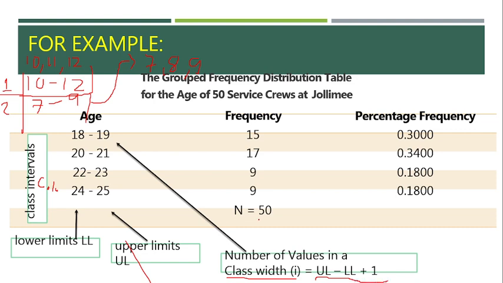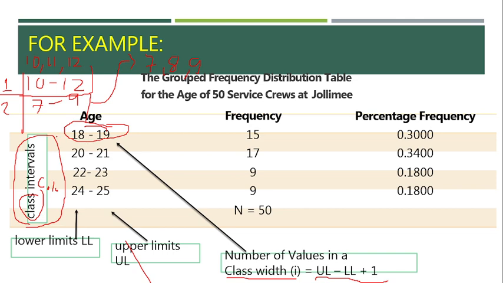Because when we are referring to class width, you're referring to how wide your class interval is, or what the width of your class is. Okay po? When we are referring to class, what is your class? Your class is 18 to 19. And this is the interval of your data. That's why we call it the class interval.